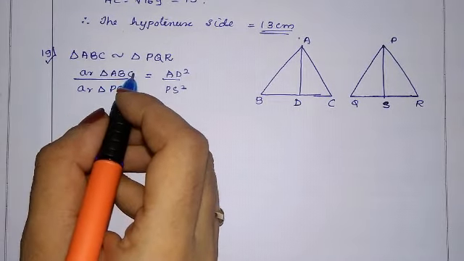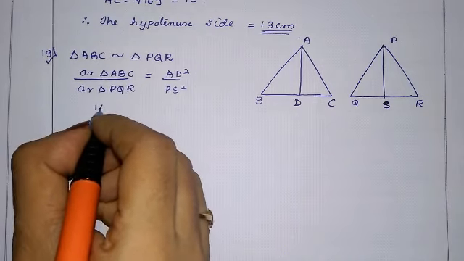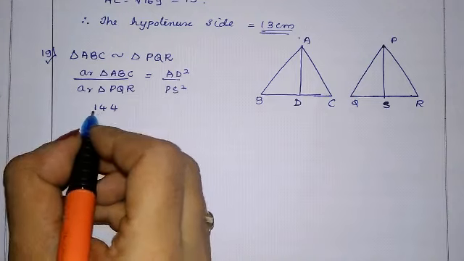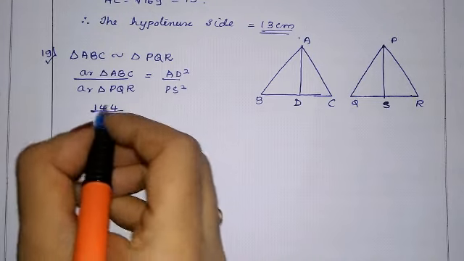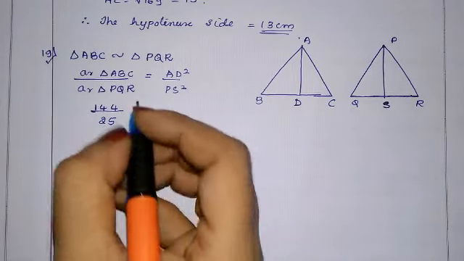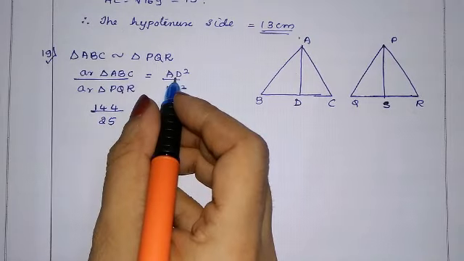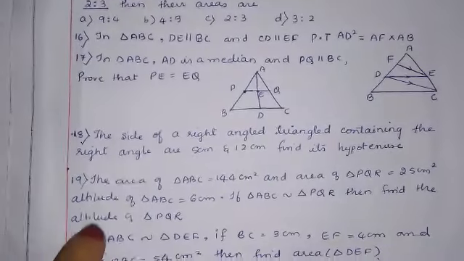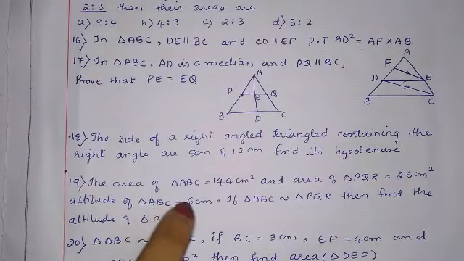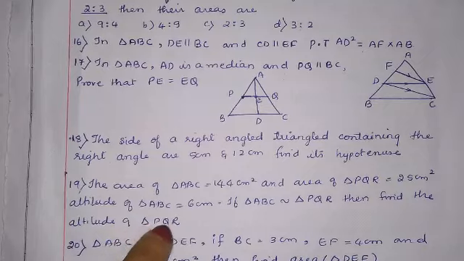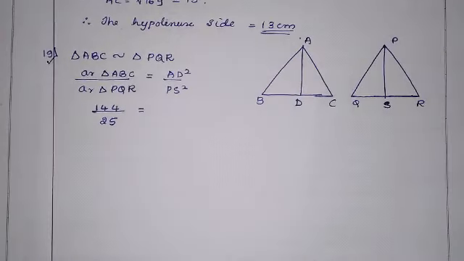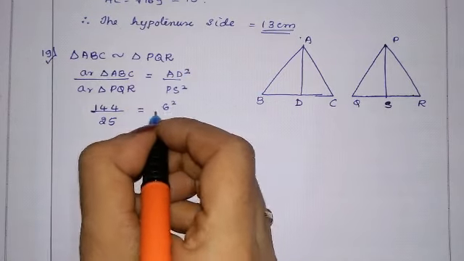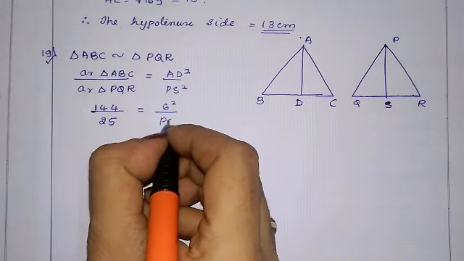Area of triangle ABC, what they have told, 144, upon area of triangle PQR, 25, is equal to AD. In the question they have told the altitude of triangle ABC is 6 centimeter. Find the altitude of triangle PQR. So AD is 6 centimeter. 6 square is the square, and the altitude of PQR we don't know.